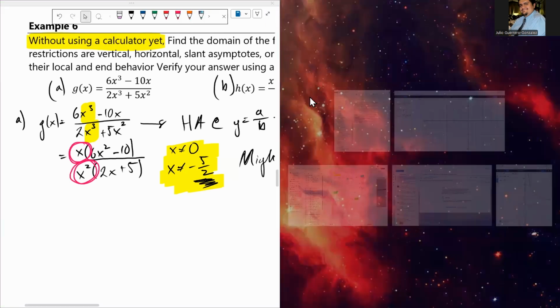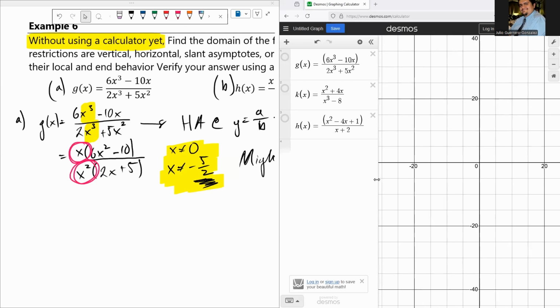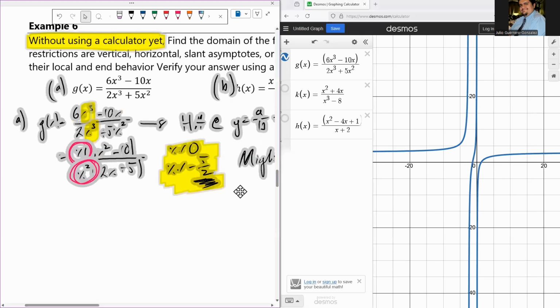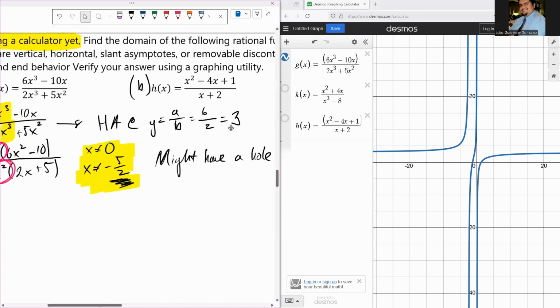It wouldn't do us any good if we don't test this out, right? So I'm going to go ahead and turn on the very first function, right? There it is. So, whoa. So remember how we guessed, right, that we should have a horizontal asymptote at y equals 3.